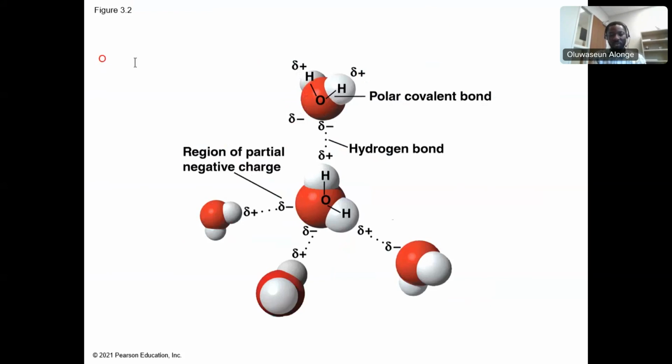So oxygen is an electronegative element.